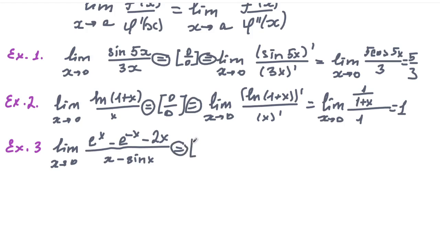We have the indeterminate form 0 over 0, and we can use the rule of L'Hopital.